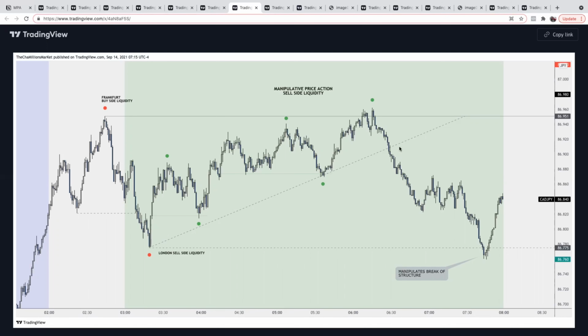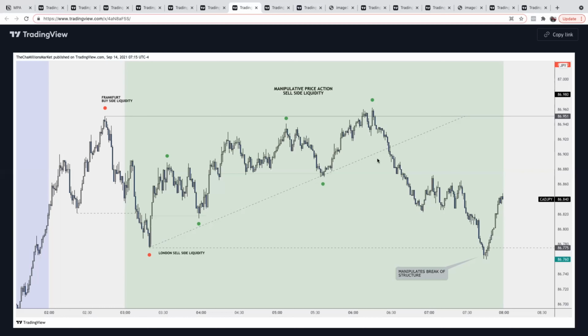Essentially the MPA, the manipulative price action, is just manipulating all retail trading concepts of the market. Because me, from the chameleons market, the whole concept is to trade as the composite operator, right? So with that being said, we trade as if we are the ones controlling the market, right?